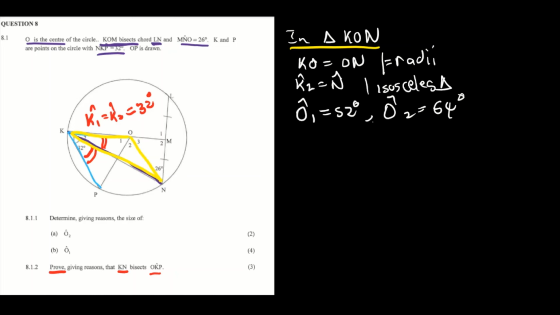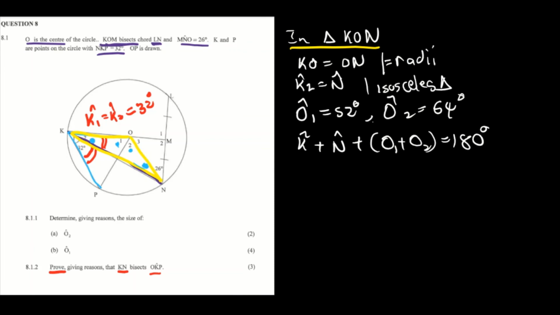So we can simply say in this triangle, angle K2 plus angle N plus angle O1 plus O2 equals 180 degrees, right? So what I did here is I added this angle here and this angle there, and these ones here that are equal. I added all these angles because they're internal angles of this triangle KON. So I added everything up.